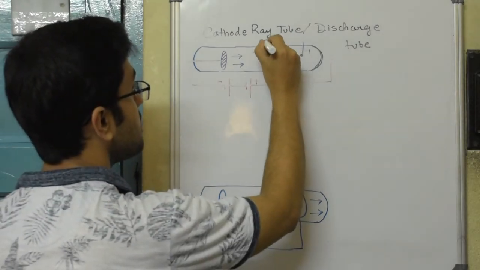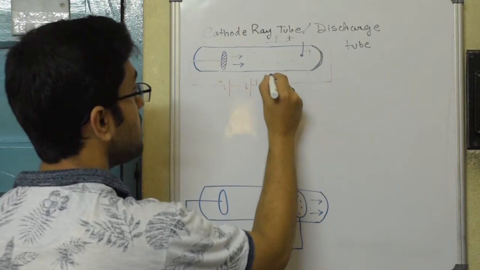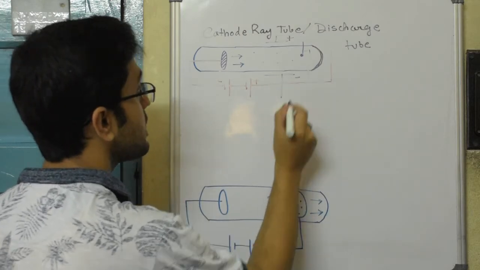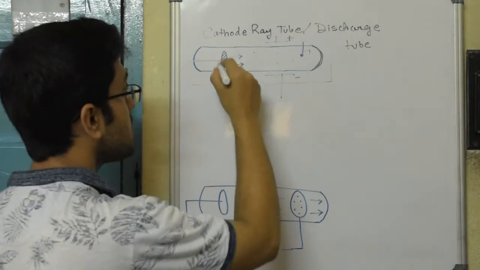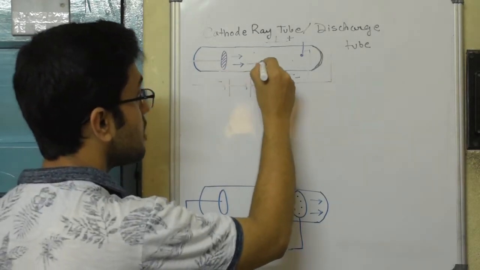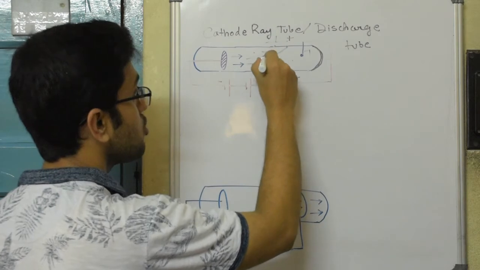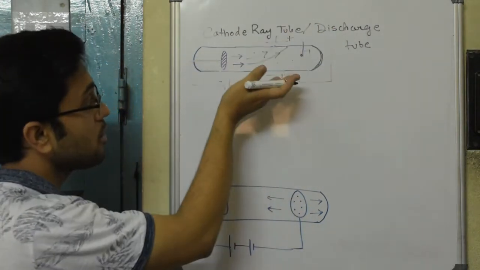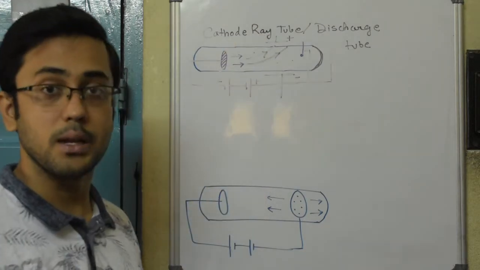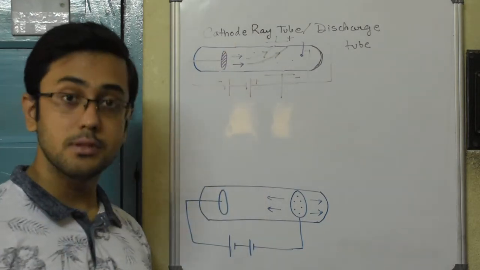On this side he placed a positive electric plate, on this side he placed a negative electric plate, such that there is an electric field. And it was found that these cathode rays were deflected towards the positive plate. They were attracted by the positive plate, or you can say they were repelled by the negative plate. This was what Thomson performed.